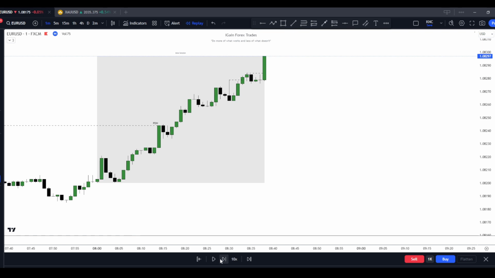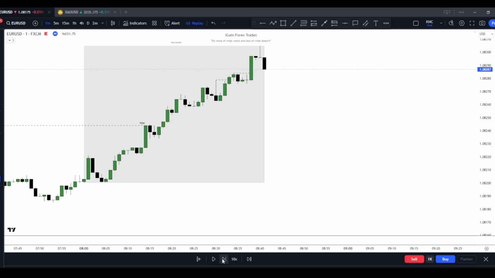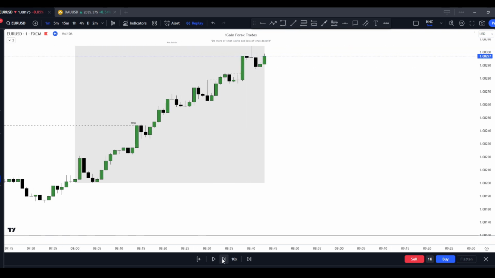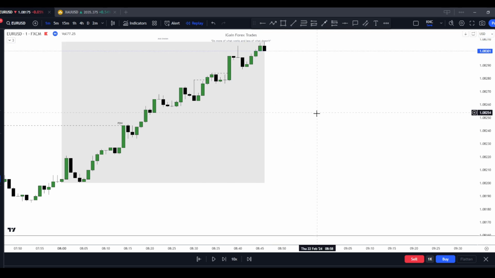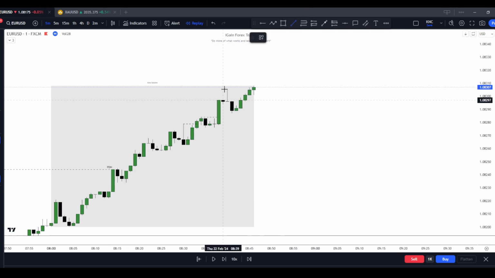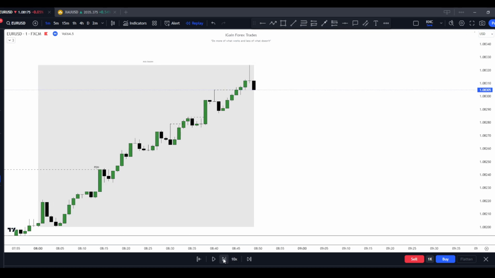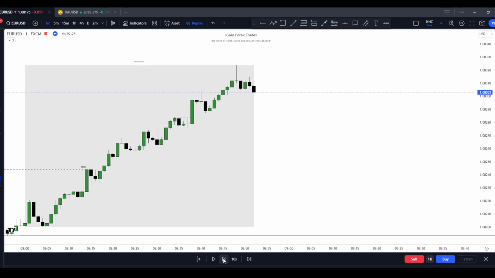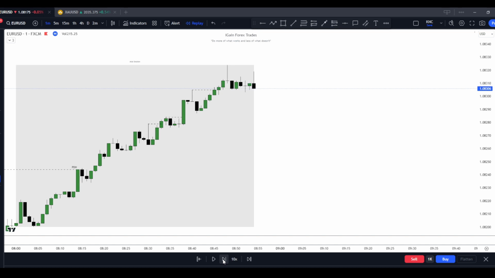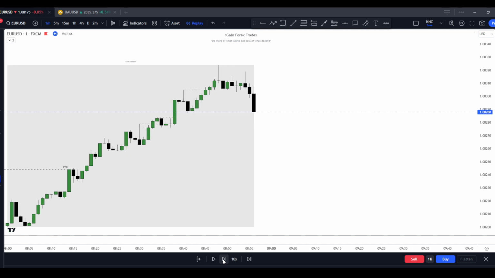So we are still waiting for our market structure shift to happen. Okay, another sweep around here. Still no market structure shift. Okay. Oh, what we have here, this market structure shift.